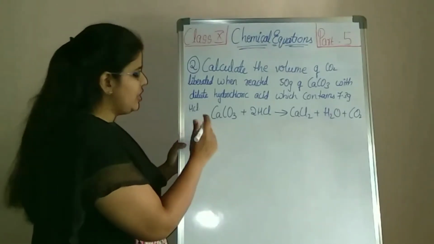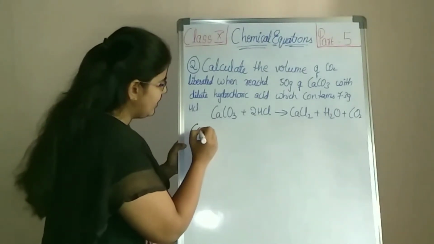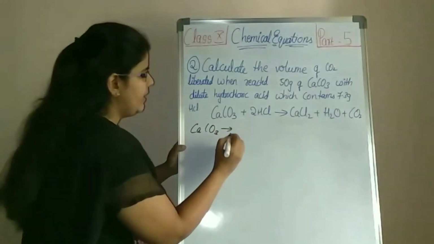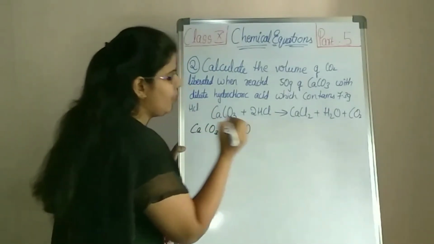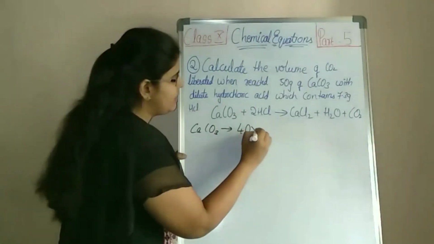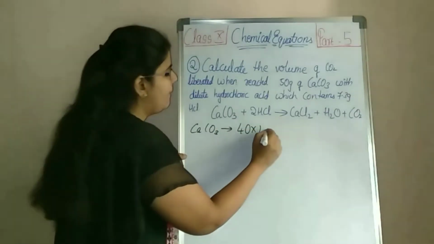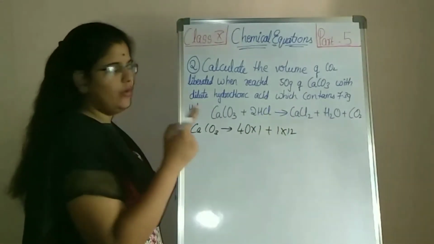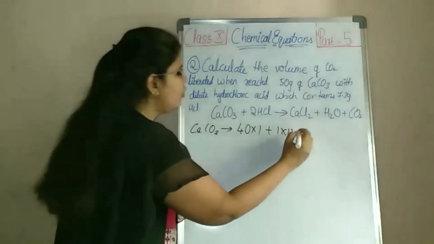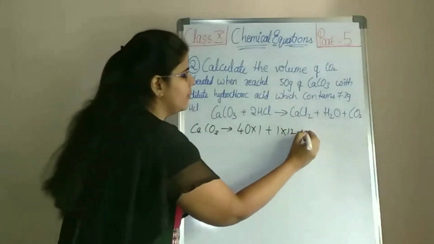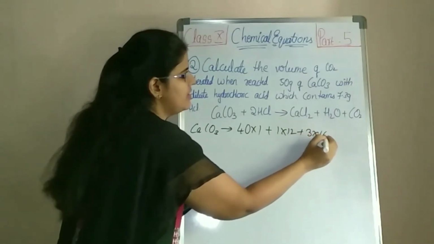So what is the weight of the calcium carbonate? Calcium atomic weight is 40. Here there is only 1 calcium, so 40 into 1, plus 1 into 12, because there is only 1 carbon here. And how many oxygens are there? 3 oxygens, so 3 into 16.